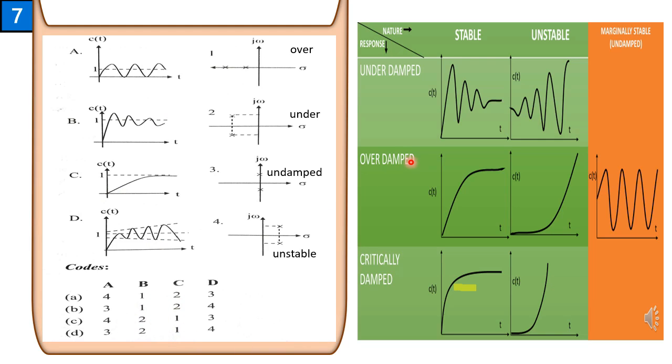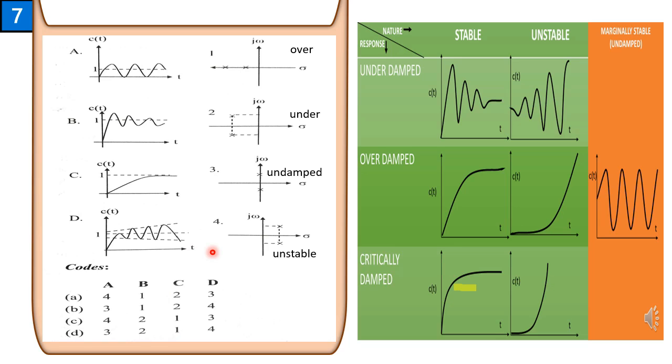And now for undamped, this is the undamped one. The response is oscillatory and never decaying. So here A we have, which is oscillatory and never decaying. So for A we have third, undamped. So A will be 3. So here D will be the option. And now let's see for D also, unstable.